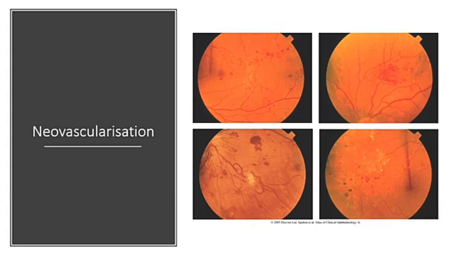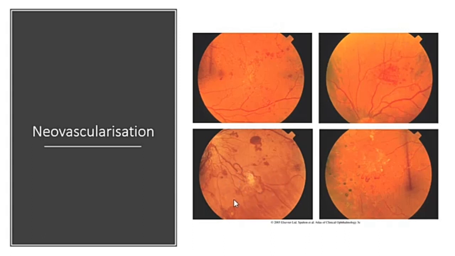So what happens is there's lack of oxygen coming into the retina, and in an attempt to try and bring more oxygen in, these vascular endothelial growth factors kick in and they create these new blood vessels and neovascularization.